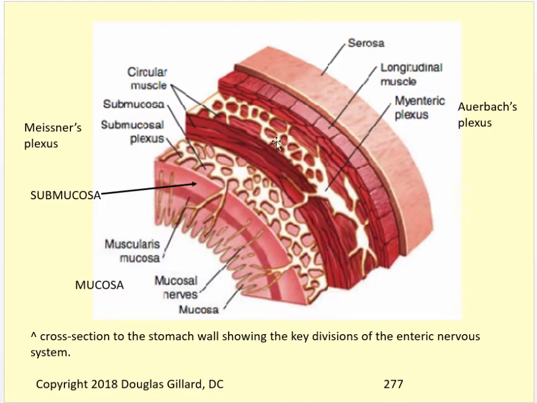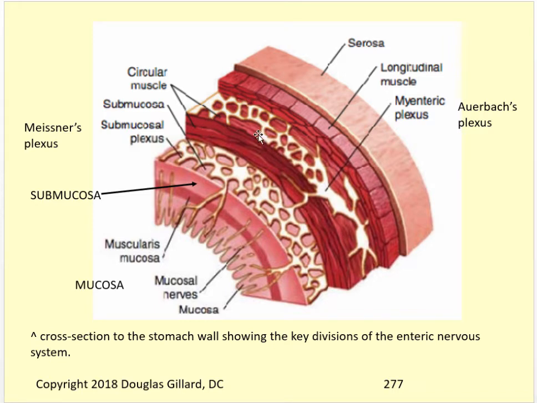Here's a cartoon of the layers of the stomach. It's the very outer layer, the serosal layer. Then we have circular muscle and a longitudinal muscle here, and under this longitudinal muscle lives the myenteric plexus, aka Auerbach's plexus. This plexus lies between the circular muscle and the longitudinal muscle.